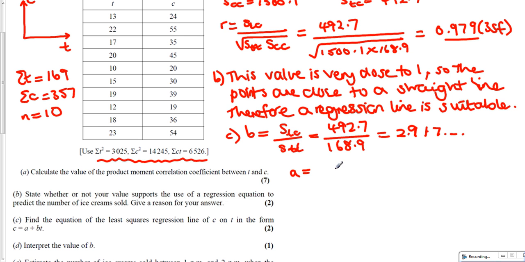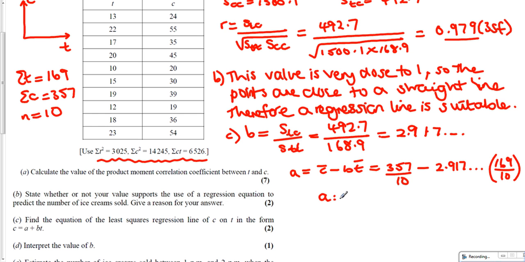A is Y bar minus B times X bar. Now Y in this case is C, so it's C bar minus B times X bar. Well, X in this case is T. So sum of C is 357. Divide that by 10, so that's the mean of C. Take away B, the value you've got in your calculator, multiplied by the mean of t.